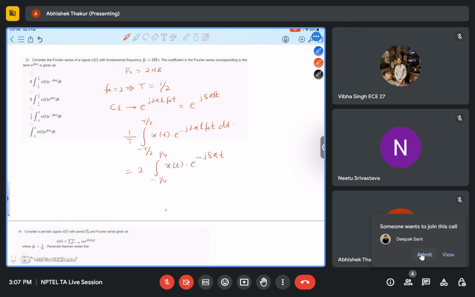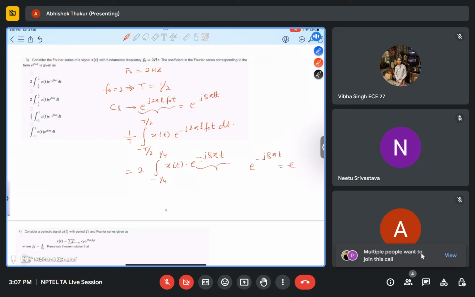Okay, and now when we equate this term e to the power of minus j 8 pi t with the Lth coefficient term, that is e to the power of j 2 pi L f naught t, here you put f naught equal to 1 by 2. So you will get 8 pi t equal to j of 4 pi L t.